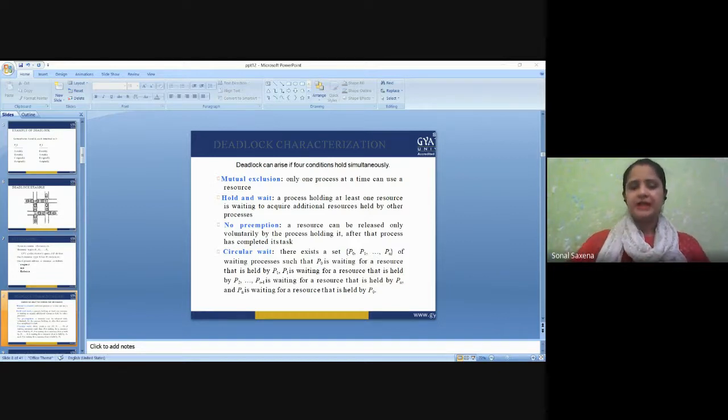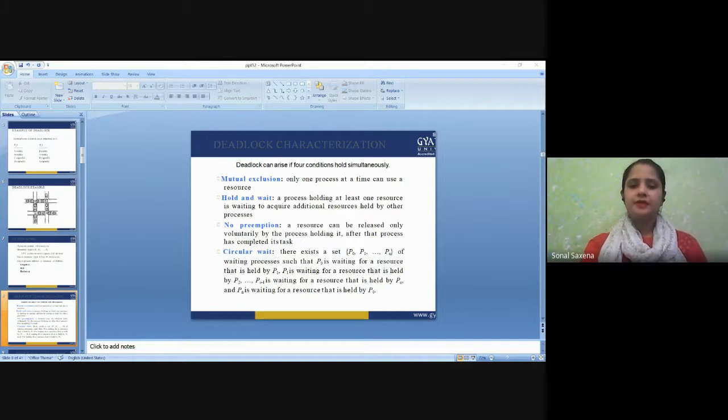So this has again created a deadlock. Why? Because until this process releases these two resources, no other process can execute. And if no other process can execute, this one is also waiting for other resources. So this whole lot of chaos is creating a deadlock condition. So this is called hold and wait. This could be one condition for the deadlock to occur.